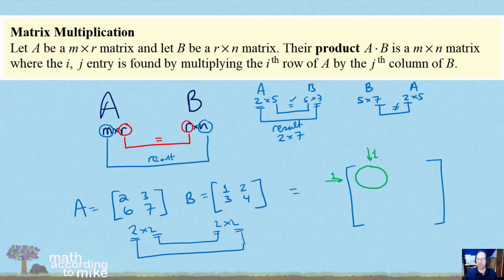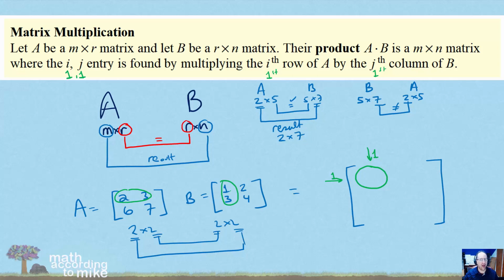It's the first column. So now let's replace this. The 1, 1 entry is found by multiplying the first row of A by the first column of B. That's what that means. So we're going to multiply this row by this column.